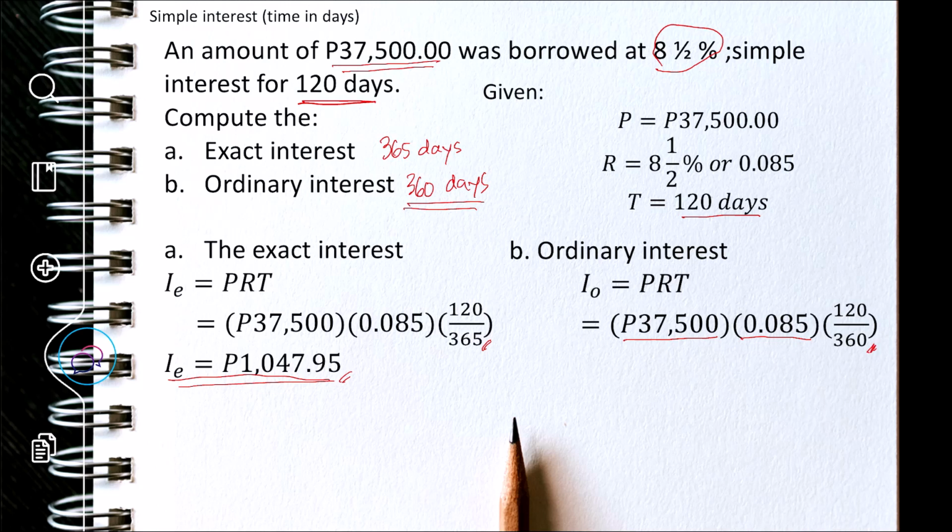Okay, ulitin ko po, bakit 360? Kasi ordinary interest siya. Therefore, the final answer is 1,062.50 sa ordinary interest. Sa exact interest naman po is 1,047.95. Yan po. Ganyan po mag-compute pagka days ang given.